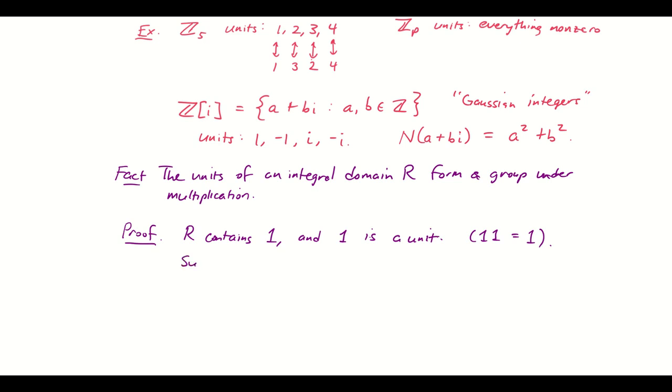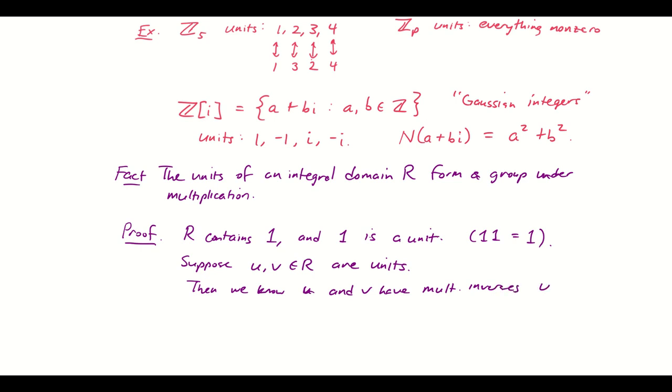Now suppose U and V are units. We're going to show that this set is closed under multiplication. Then we know that U and V have multiplicative inverses. Call those U inverse and V inverse.